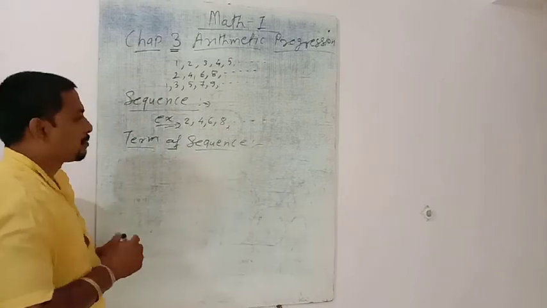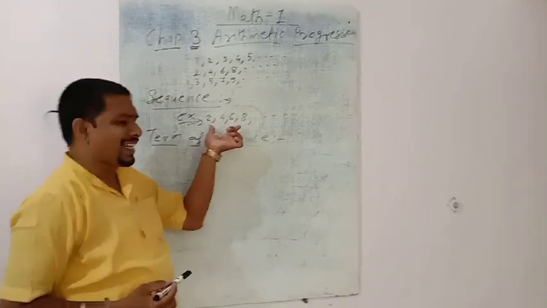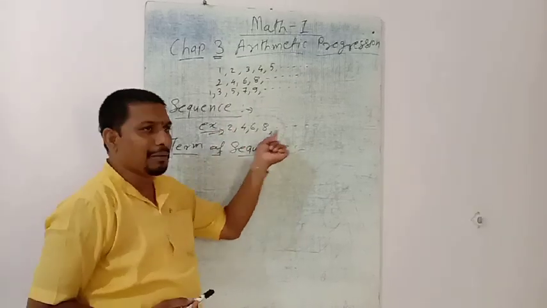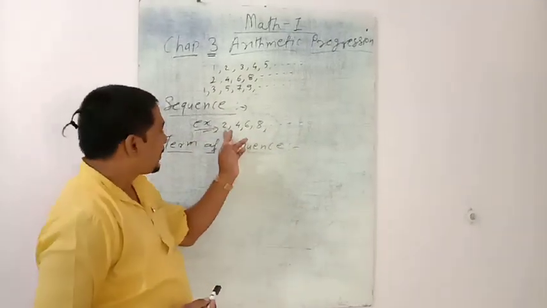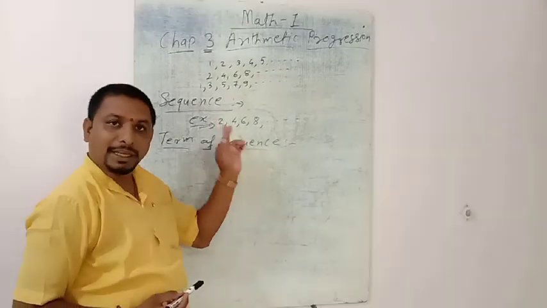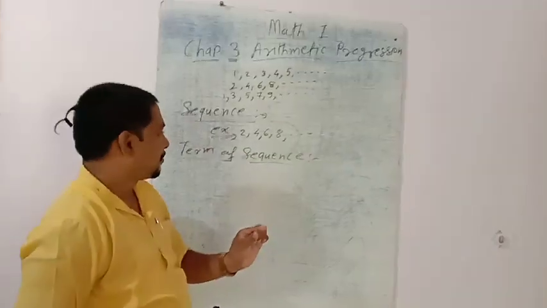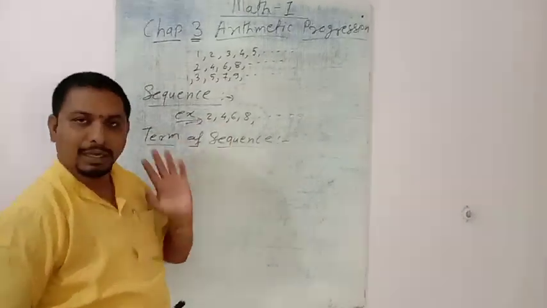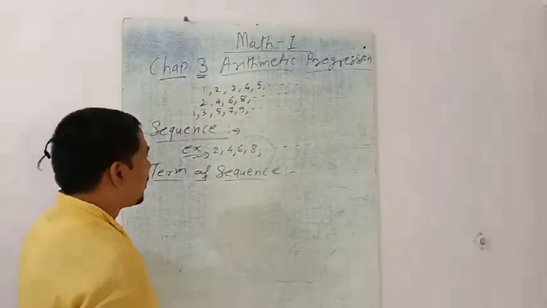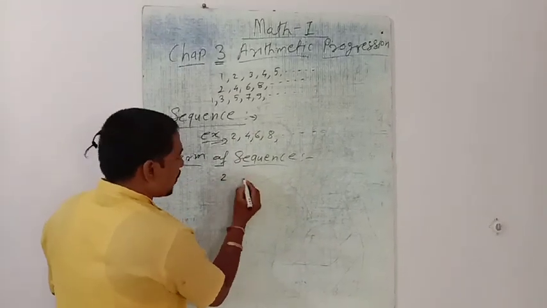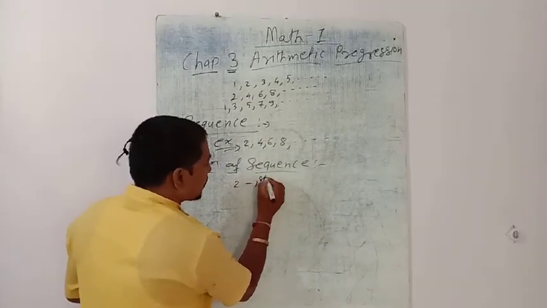Term of a sequence means that in any sequence, each number is one term. In this example, the first number is 2, so the first number is the first term.